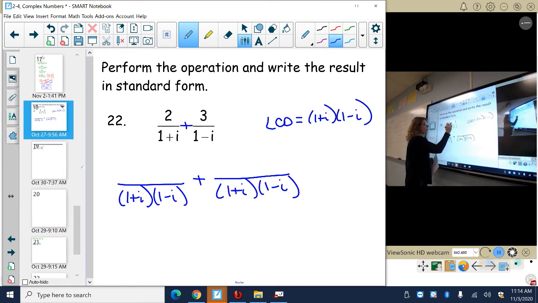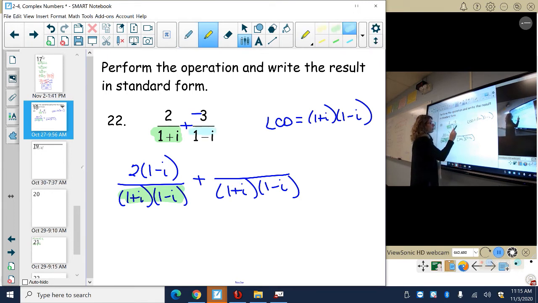So I'm going to make this a negative 3 up there. What did I multiply this denominator by to obtain that denominator down here? What we did is we tacked on a 1 minus i. What did I multiply this denominator by to obtain this denominator? Well, what I tacked on was going to be 1 plus i.